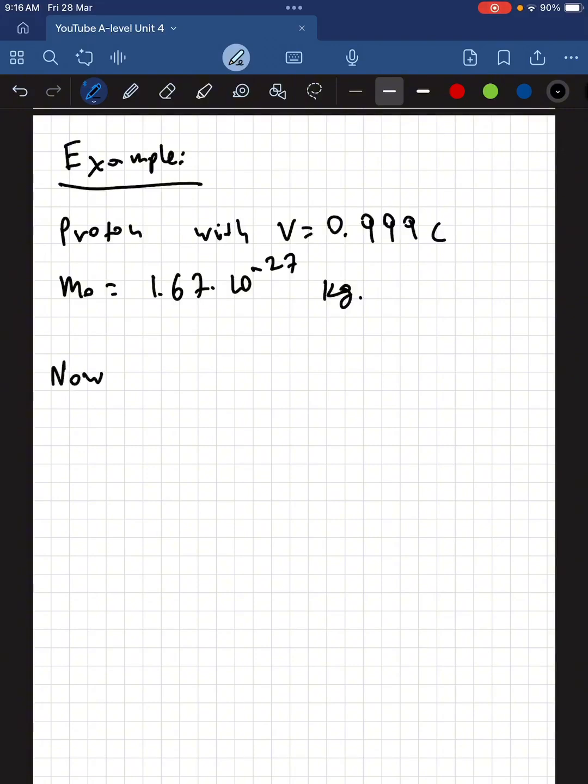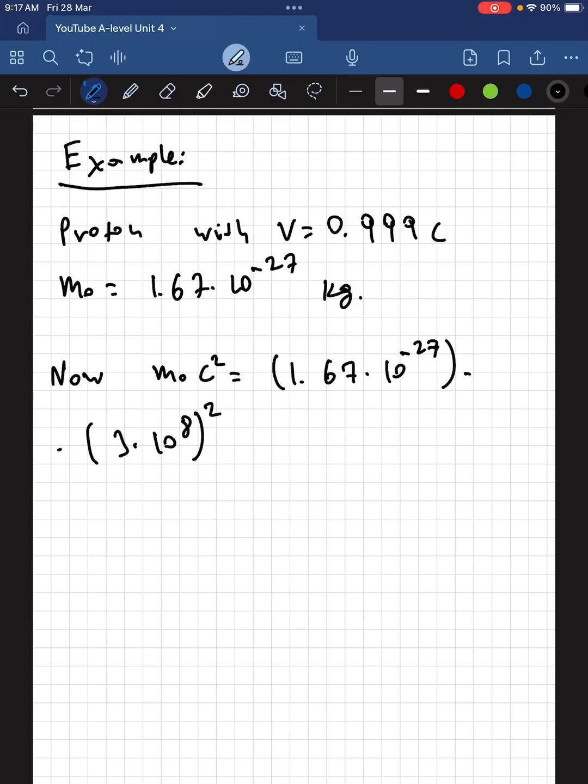Now, m naught c squared is, if we convert all of this mass of the proton into energy, how much energy will you get? We get 1.67 times 10 to the negative 27 times 3 times 10 to the 8 squared. Remember, always use parentheses when you do these kinds of calculations to avoid errors. The units are kilograms meter squared over second squared, and all of you will recognize that this is 1 joule.